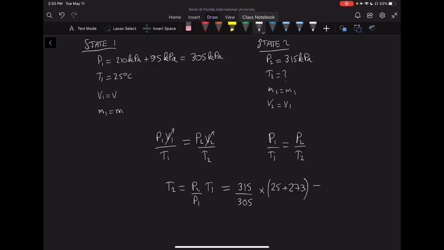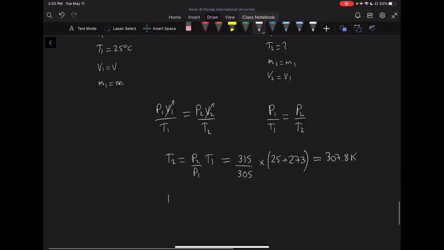And we're finally going to get an answer for T2 of 307.8 Kelvin, which can also be written back into Celsius if you want to. The temperature in Celsius would be 34.8 degrees Celsius, just by subtracting 273. Okay, so that's an example of how to use the ideal gas law in a somewhat realistic example in real life.